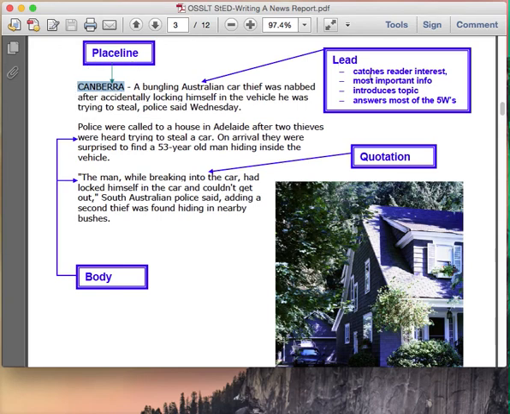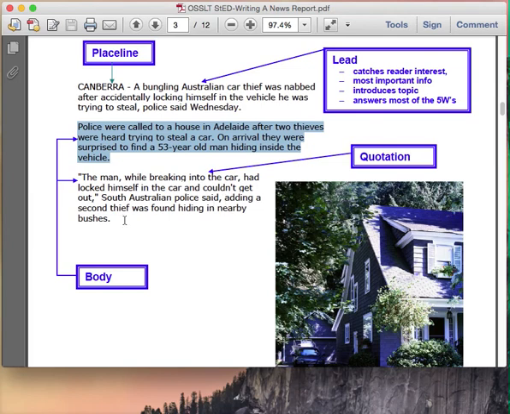The lead, as mentioned, you want to catch the reader's interest. You want to provide the most important information that introduces the topic. Once again, the middle paragraph would provide additional information, perhaps answering the how and why.